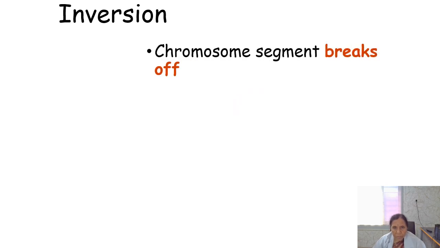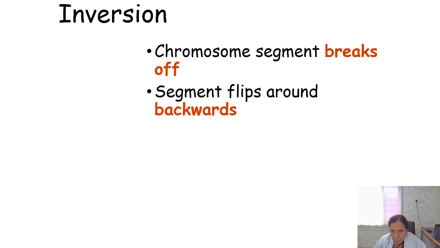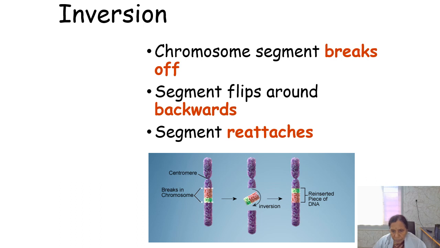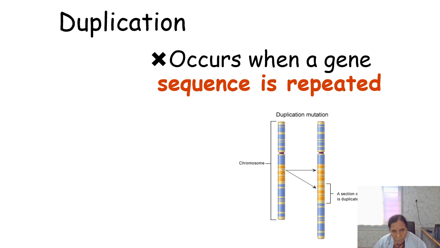And inversions: a chromosome segment breaks off, the segment flips around backwards, and the segment reattaches. Here, the piece of DNA is reinserted in the inversion. And duplication occurs when a gene sequence is repeated.